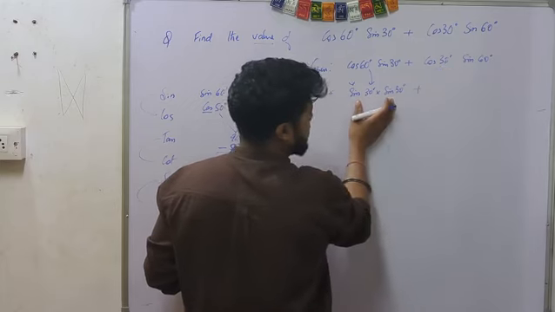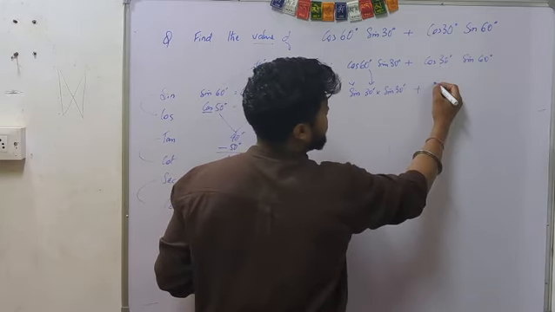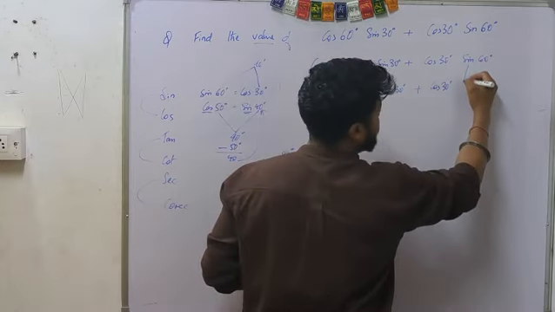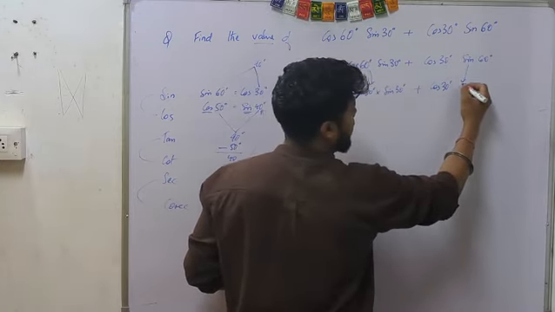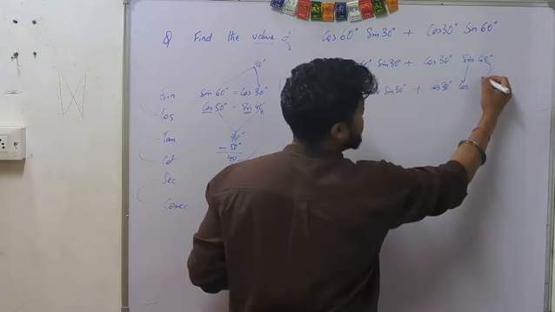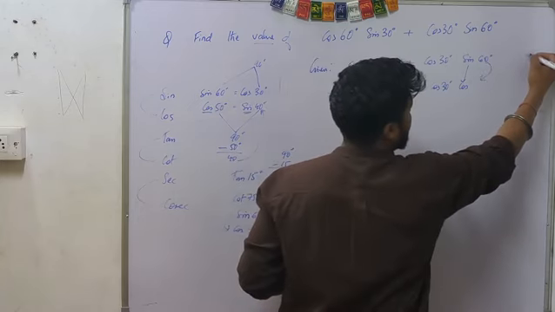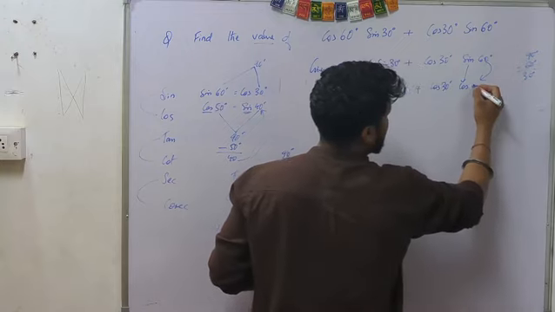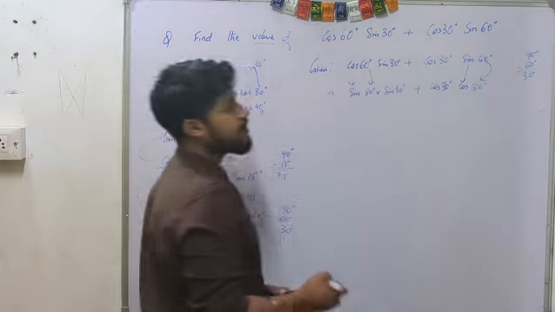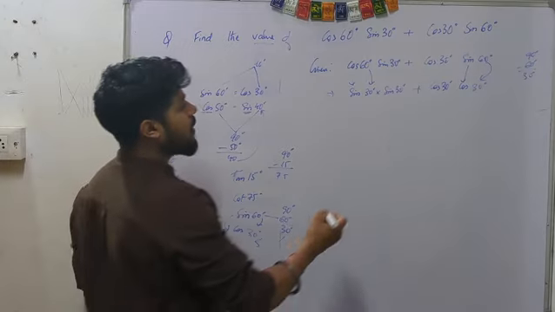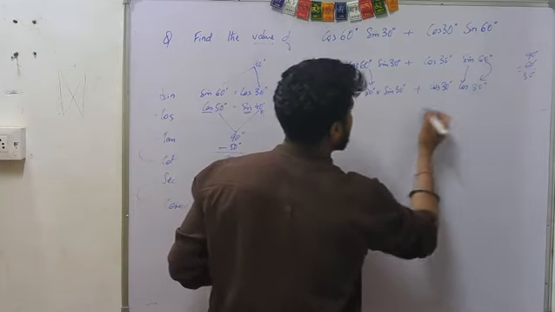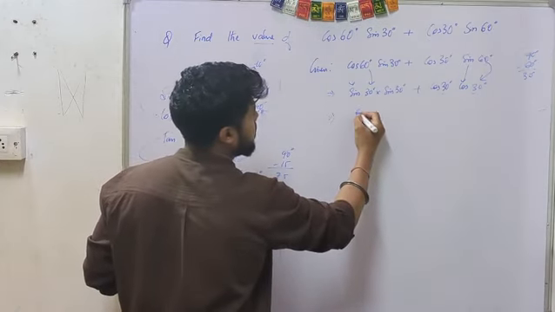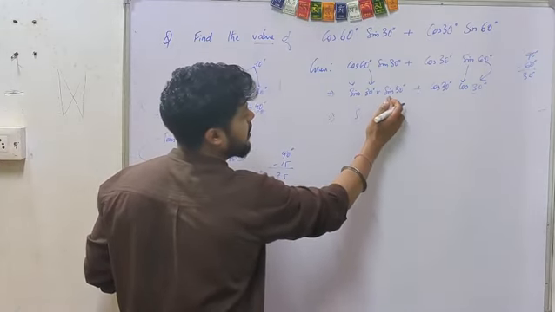Same way I'll do here. I'll keep this as it is, and now I'll convert sine into cos. I'll write cos, and in place of 60 it will be 90 degree minus 60 degree, which gives 30 degree, hence I'll write 30 degree. Now all the angles are 30 degree, and these two are sine, both being multiplied.